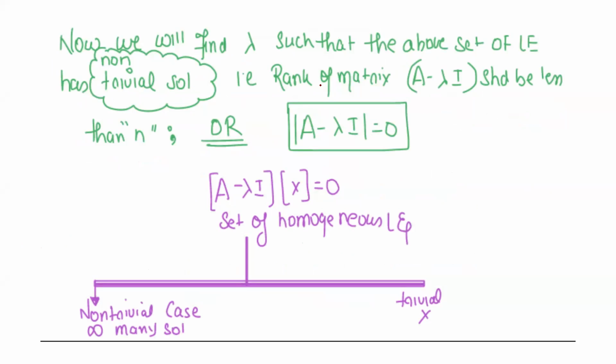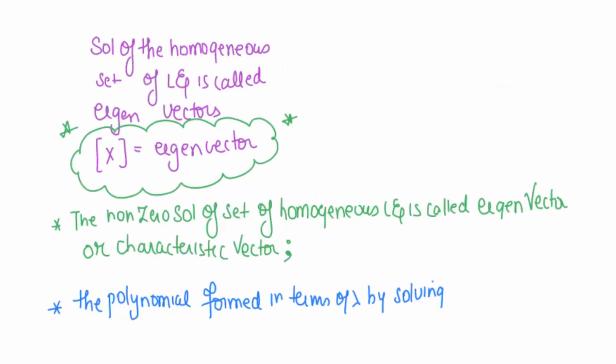That means the rank of matrix A minus lambda I should be less than n. That means the determinant of A minus lambda I must be 0, and the values lambda 1, lambda 2, lambda 3 are called the eigenvalues. (A minus lambda I) x is equal to 0 is a set of homogeneous linear equations: the non-trivial case gives infinite solutions, the trivial case gives only the zero solution.